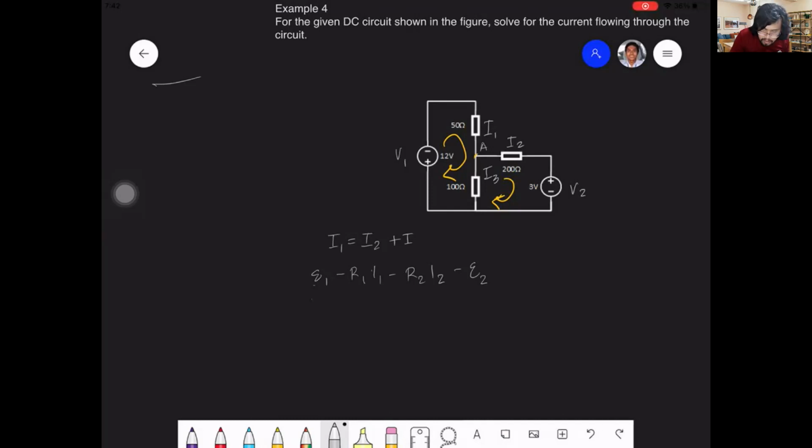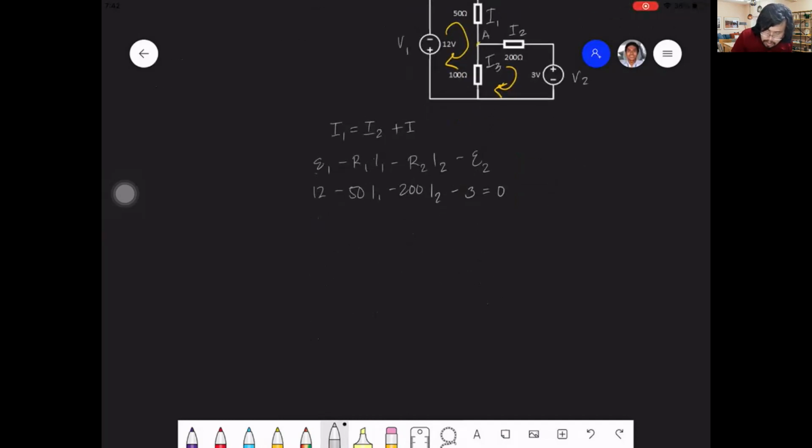So we have 12 minus 50 I1 minus 200 I2 minus 3. Let's forgo the units. Again, this is going to be equal to 0. The other loop is E1 minus R1 I1 minus R3 I3, and it's equal to 0.